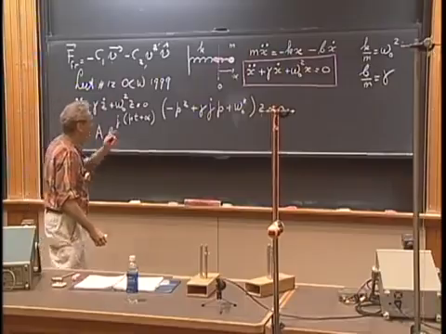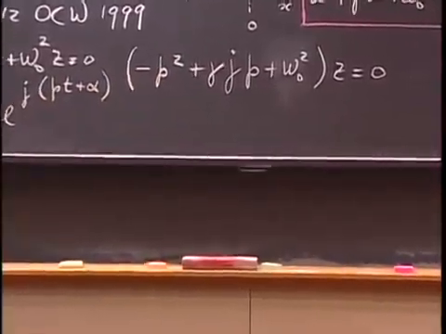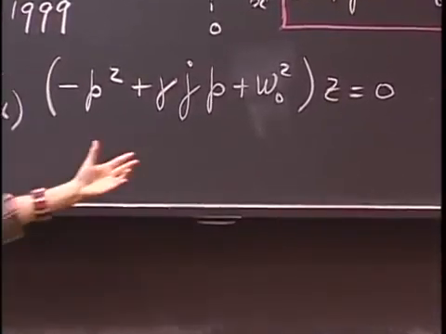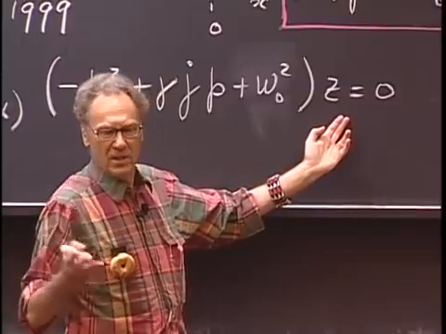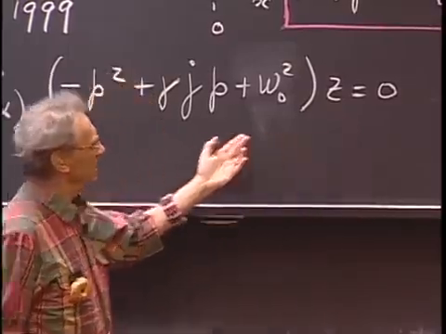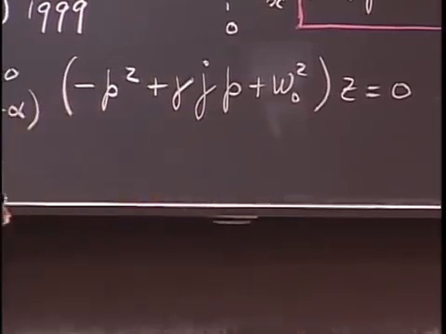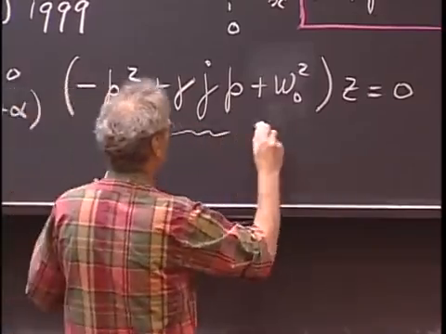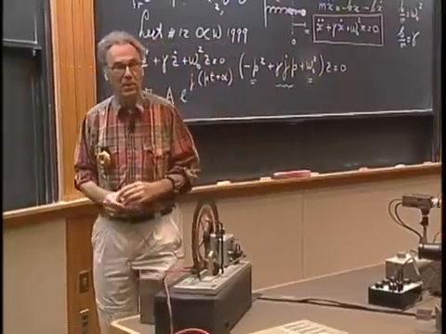If you have an equation like this, you may think it's one equation, but it really is two equations. Because if something like this has to be 0, and of course z equals 0 is not an acceptable solution, because that's the oscillation. If you have an equation like this, which has a real part and an imaginary part, then both must independently be 0.